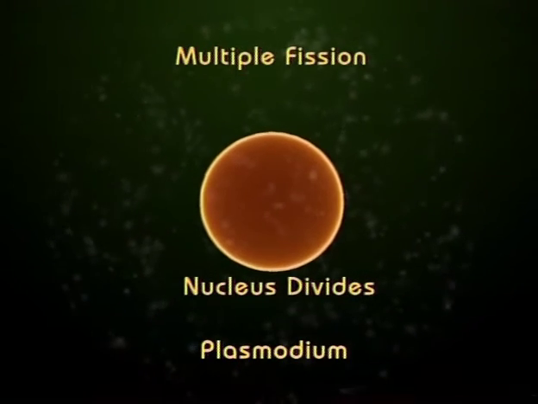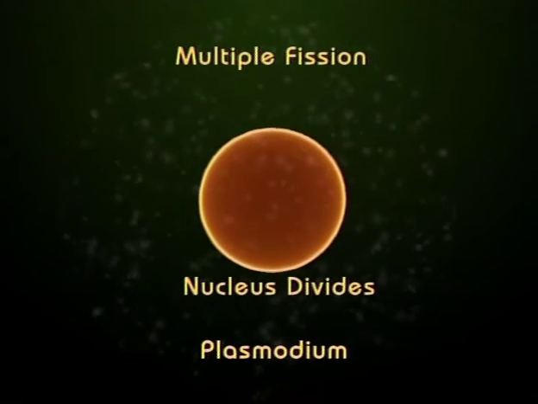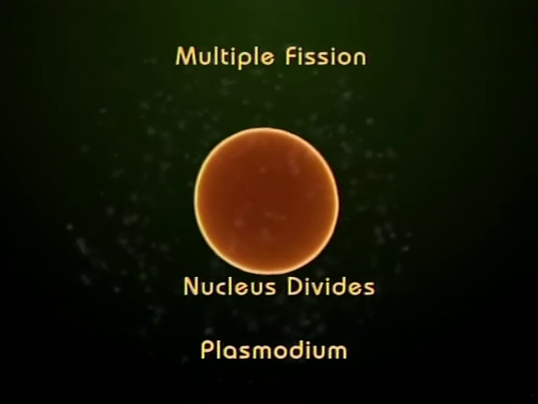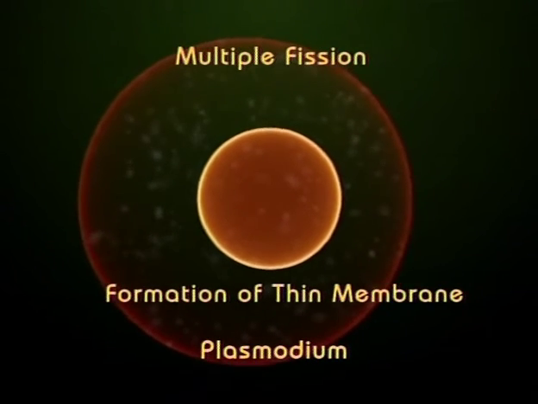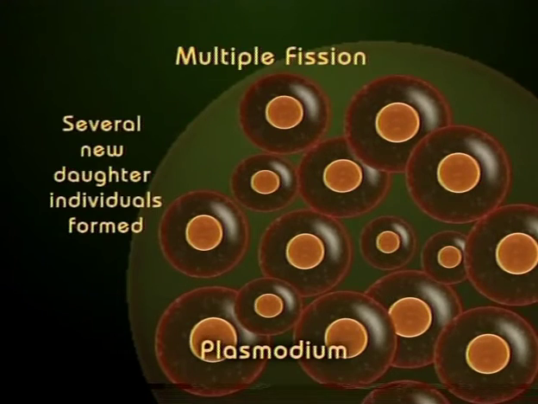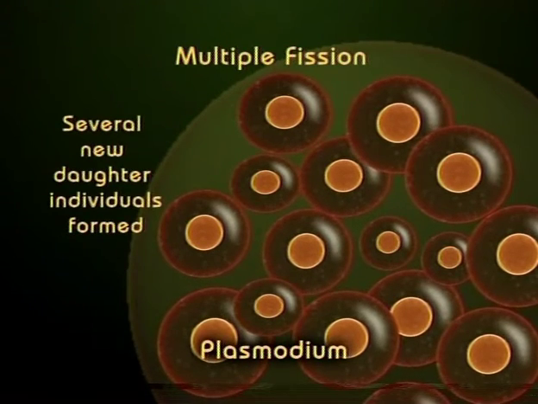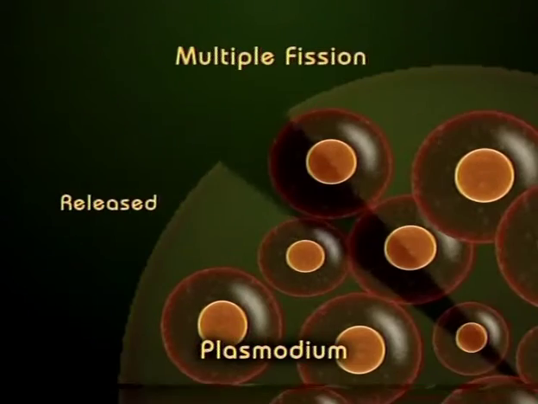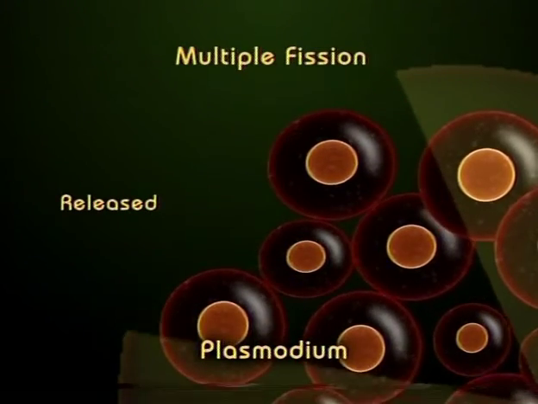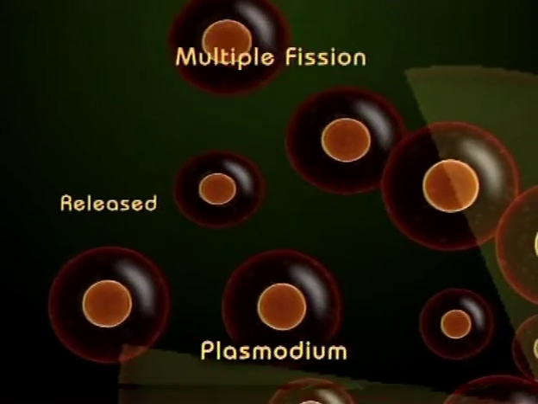Sometime later, bits of cytoplasm surround each of the nuclei, and later on, a thin membrane also develops around each of these nuclei. This results in the formation of 1,000 new individuals called daughter individuals. Each of these individuals is released during favorable conditions.